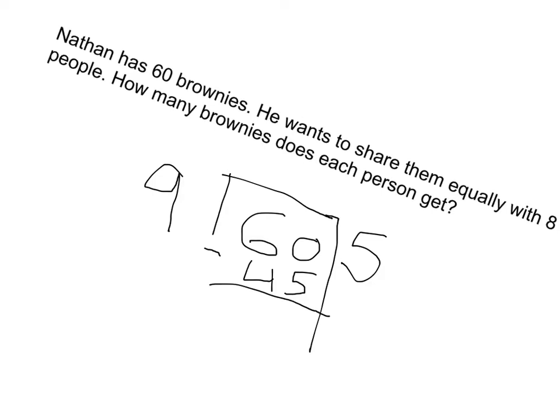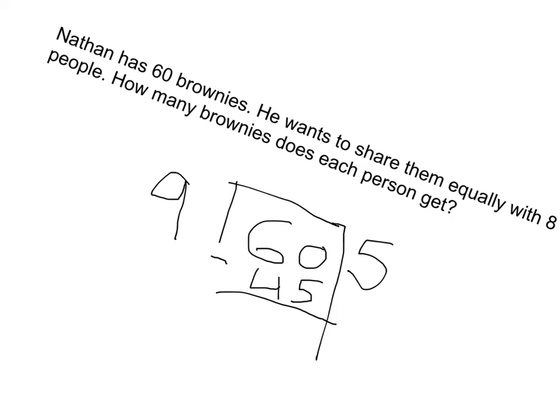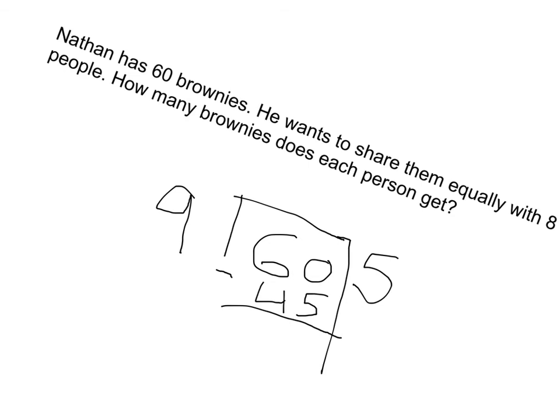equals. Alright, and then you do 60 minus 45. You can't do 0 minus 5. So you have to go over and borrow from the 6 and make that a 5.